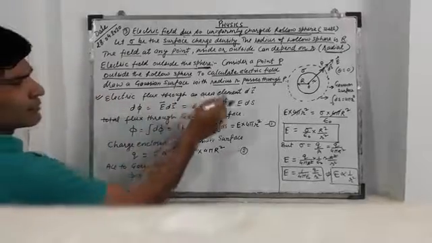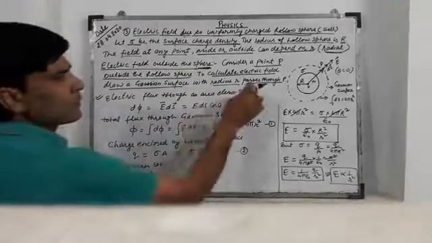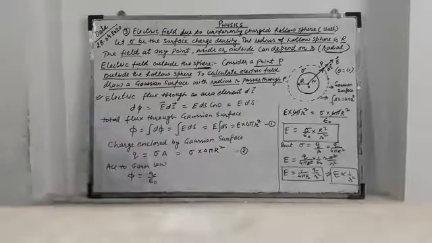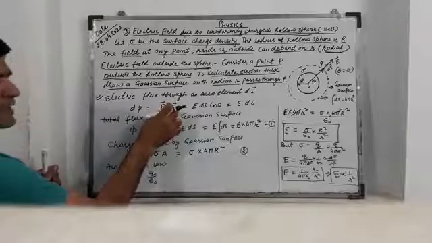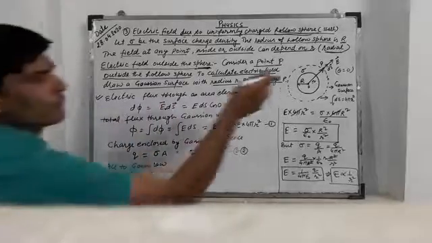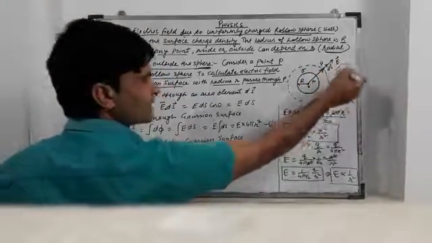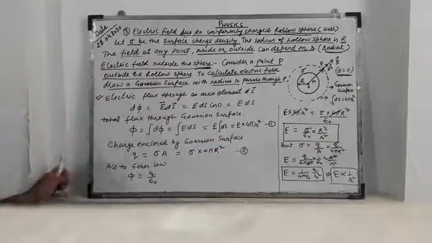Now, the electric flux through a small area element ds is d phi equal to the dot product of E and ds. As from the diagram, E and ds are both in the same direction, so the angle between them is 0.